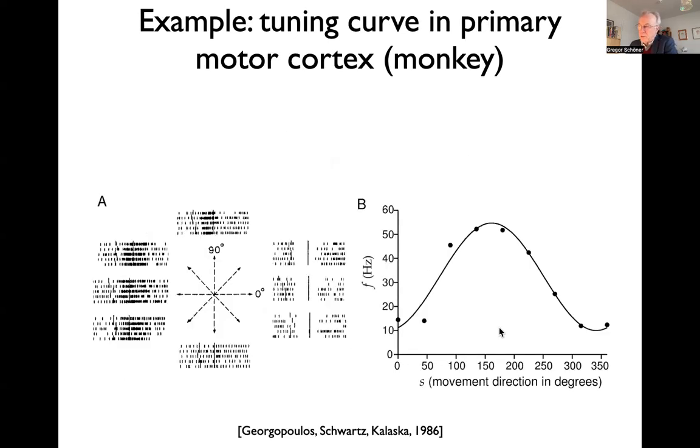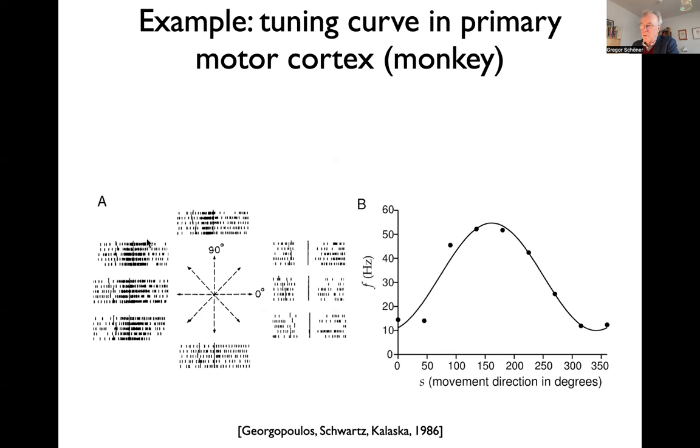Analogous in the motor system, this is from Jacobus's lab. I'll come back to that later. You have a monkey make different movements, different tasks, moving a handle in different spatial directions, and then you look at the neurons in the primary motor cortex, for instance, these little spikes here in different trials, and find that they vary their activity as the monkey makes or prepares that movement.